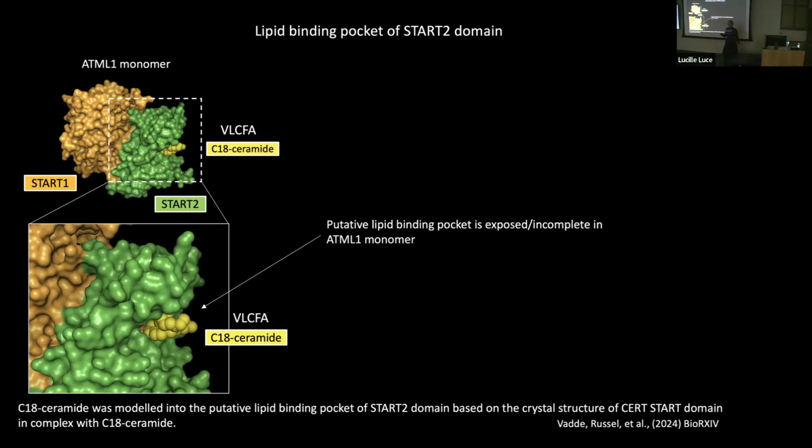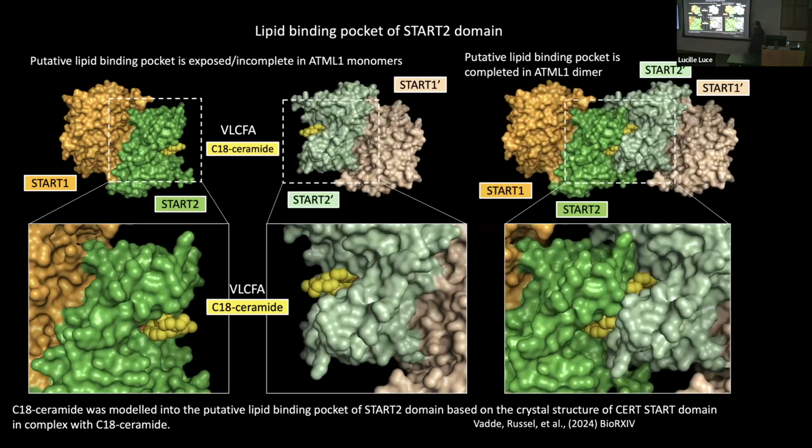Very long chain fatty acids are very, very hydrophobic. So they don't like water, they don't like cytoplasm or nucleoplasm, and they really would not like this configuration, right? It's sticking out, hanging out there in all the water. Not very good. But then Saket started looking at dimerization, and what he found is that if these two ATML1 START domains dimerize, in START domain 2, it completes both pockets.